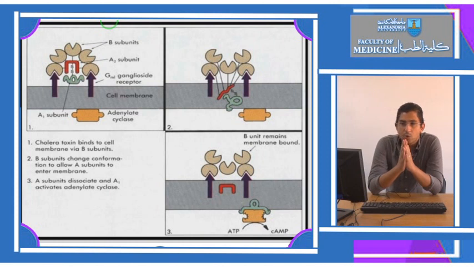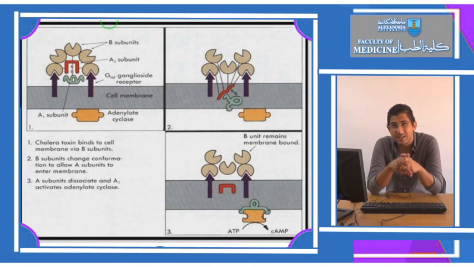GM1 receptors are found on the brush border of the intestinal cells and act as receptors for the B subunit of the cholera enterotoxin.